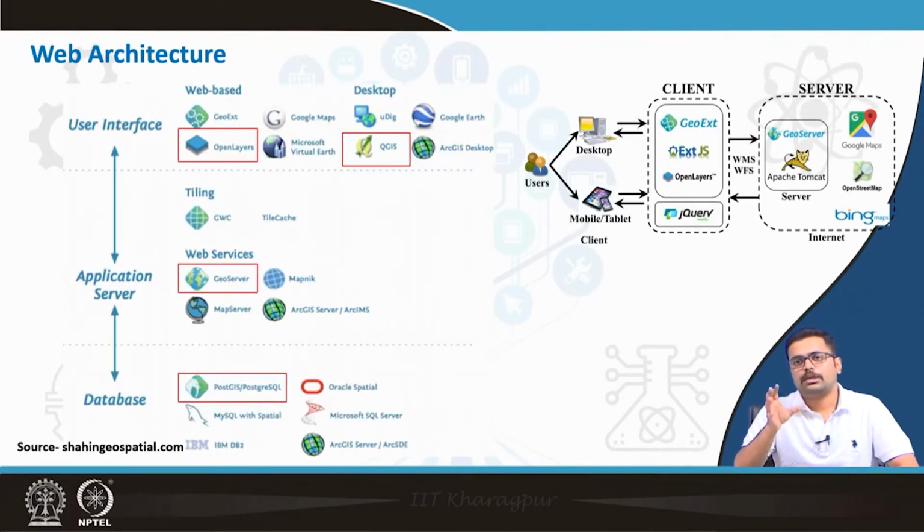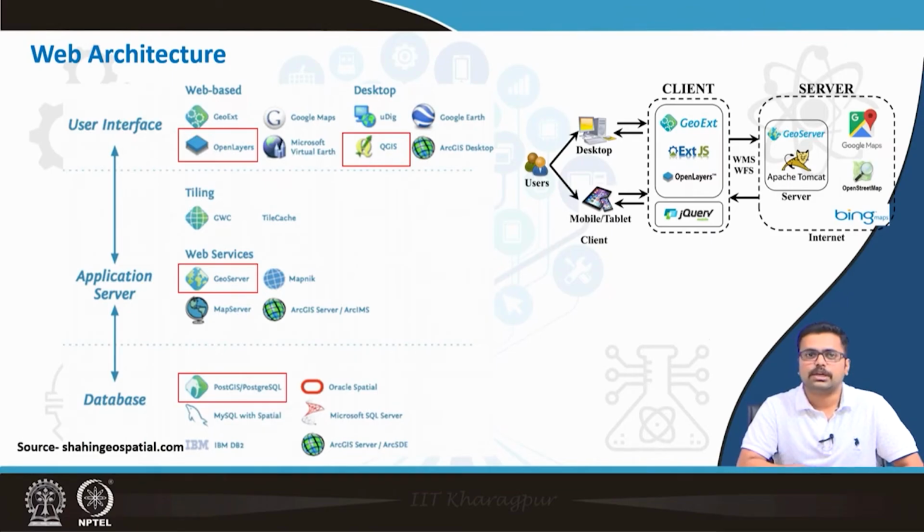And if you see carefully, this is Geoserver's web architecture. It has a GUI, that is a graphical user interface, an application server and a database. These three are the main components. The graphical user interface can be of two types, one web based, the other desktop based. In the previous hands-on sessions, we have seen how the GUI looks in QGIS, and on the web based side, OpenLayers is one of the major web based user interfaces.